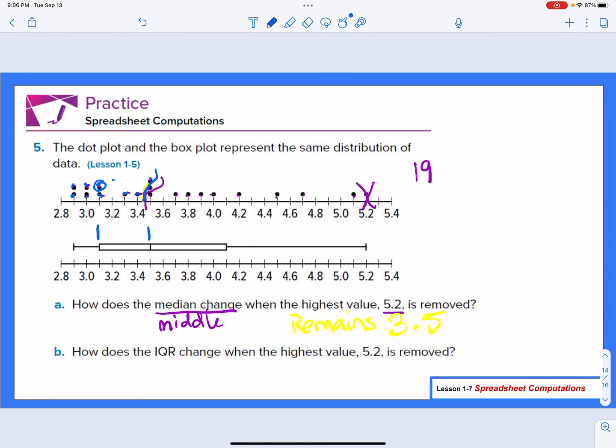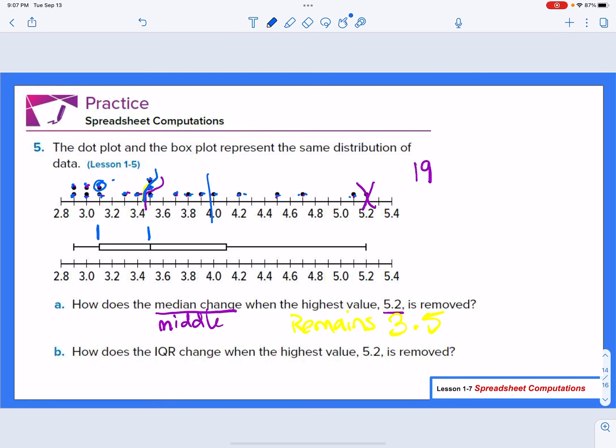But over here, I have 1, 2, 3, 4, 5, 6, 7, 8, 9, 10. 10? That seems weird, doesn't it? Yeah, so 10 and 10. Okay, so we go 1, 2, 3, 4, 5. Oh, yeah, sorry, it goes here. 1, 2, 3, 4, 5.